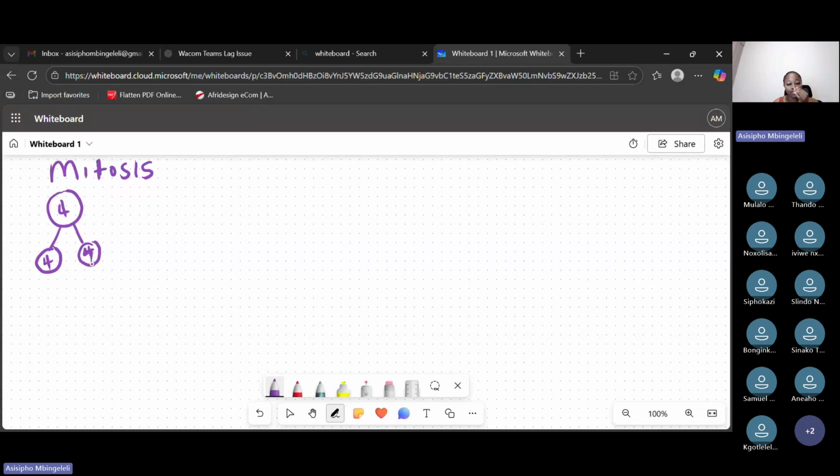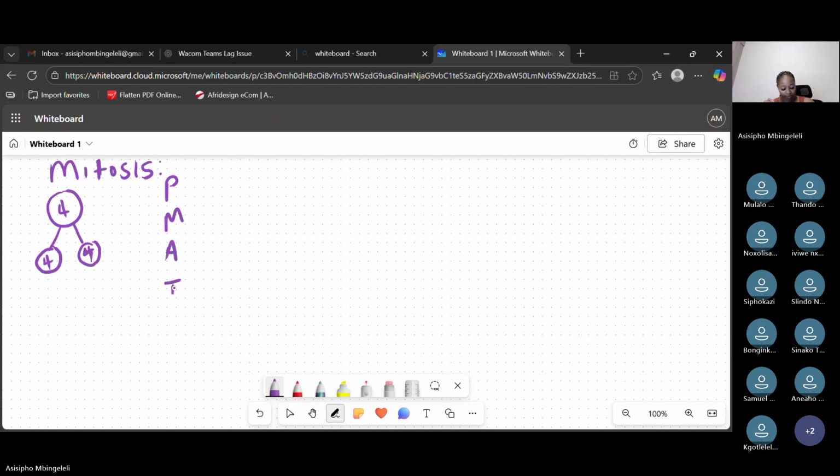Now, mitosis as a process will take place in 4 stages or 4 phases. So you need to have a way of remembering the phases. So we follow this code of writing P-MET.